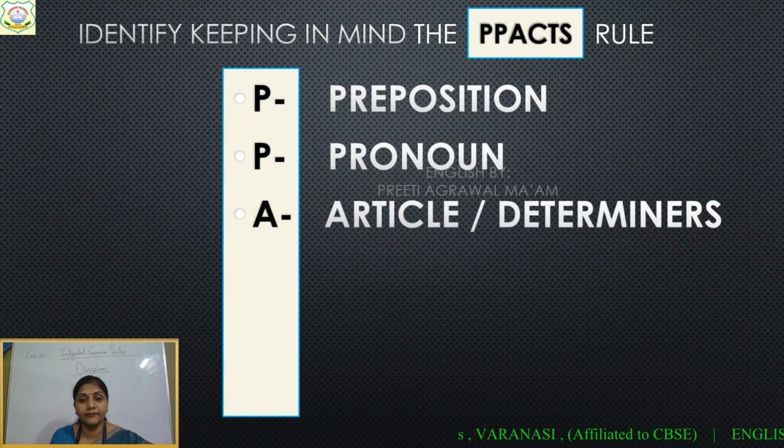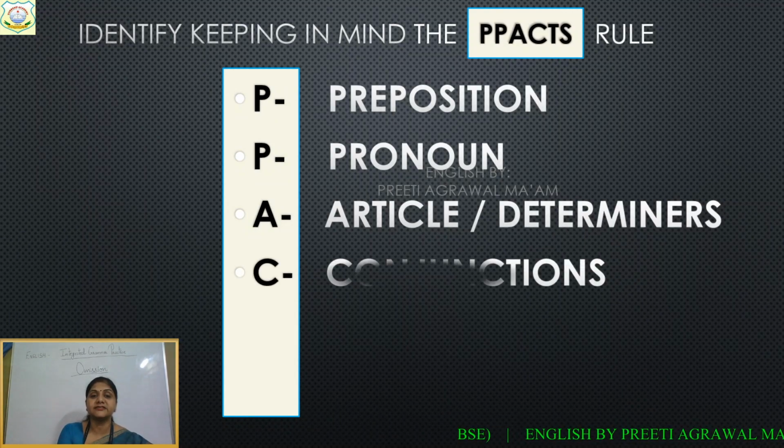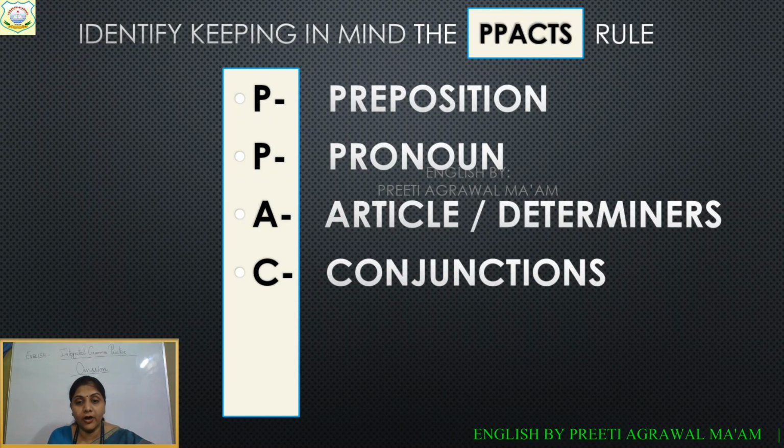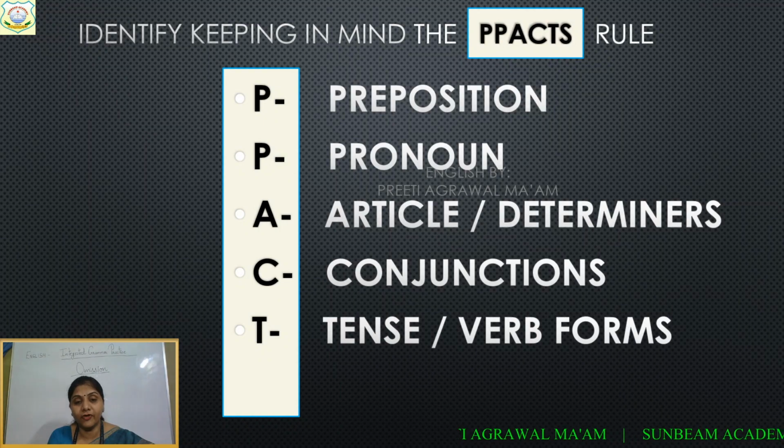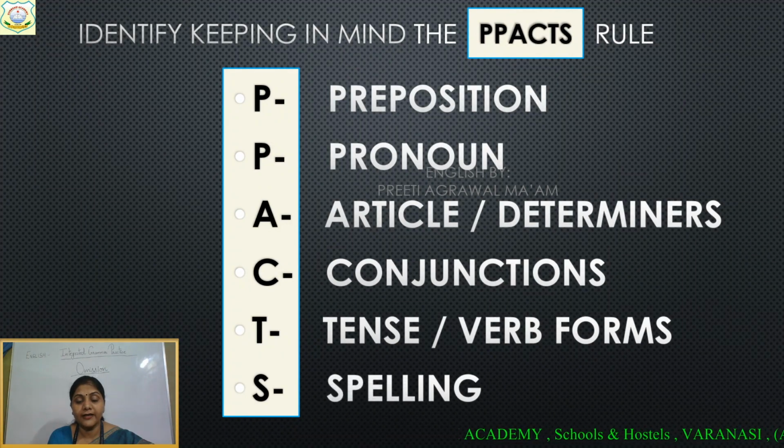The next one, A, is for article. Next, C for conjunctions. And T for tense, it can be verb form also. Last letter, S, for spelling.